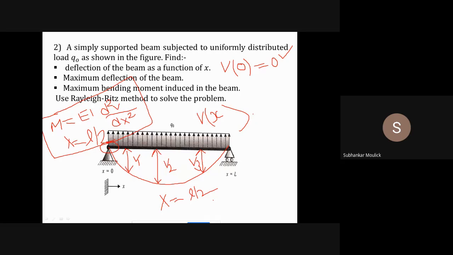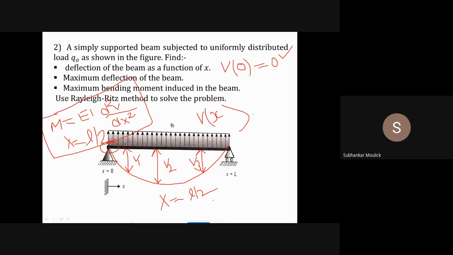But I don't know the deflection yet. I have to find the deflection by this Rayleigh-Ritz method, so I have to assume the deflection as some function. So I cannot take the boundary condition that the deflection at the middle point is maximum. We have to take a known boundary condition from the problem.